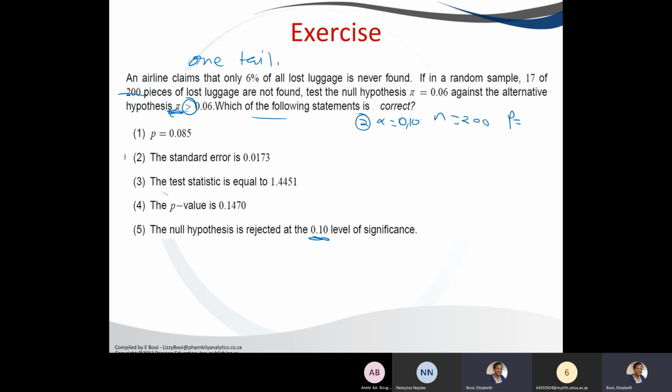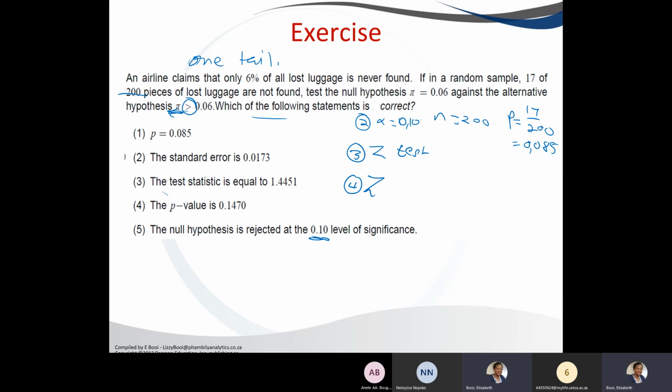Our p is 17 divided by 200, which is 0.085. Number 3, we're doing a Z test statistic. Number 4, we need to calculate our Z.